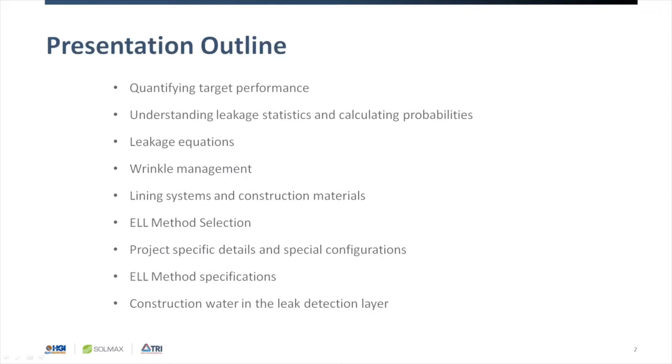We will talk about ELL method selection and how to look at specific project details and configurations in order to advise on method selection. We will go over how to write method specifications for projects and also how construction water trapped in the leak detection layer can affect ALR compliance.